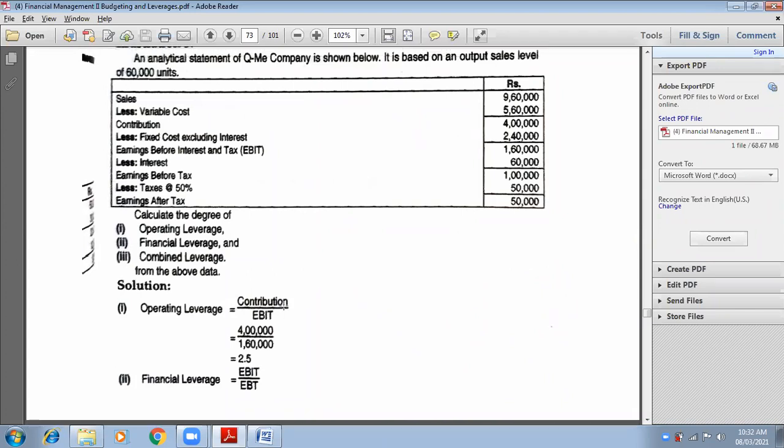Is it clear, everybody? Yes, ma'am. So if you want, you can write contribution upon EBIT, but at the end of the solution you will have to write where EBIT is equal to earning before interest and tax at least once. That is beneficial.